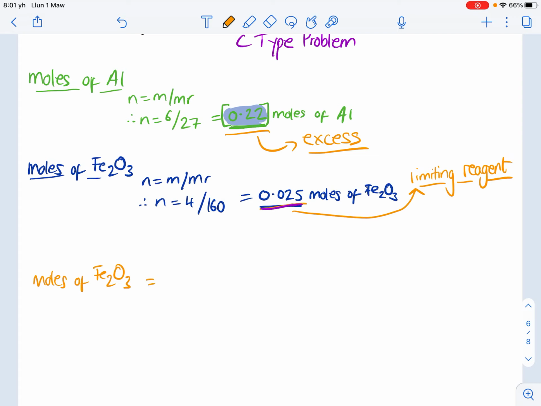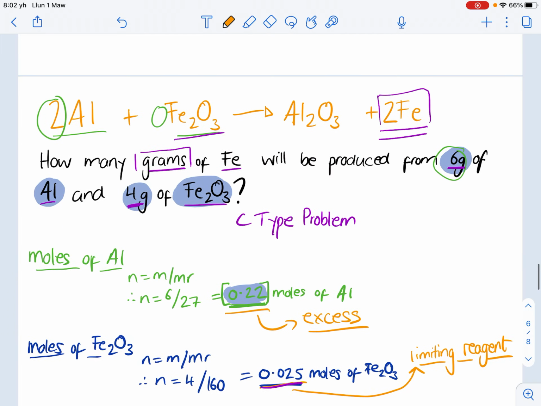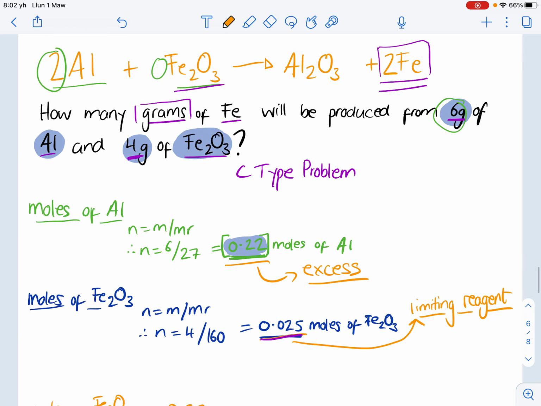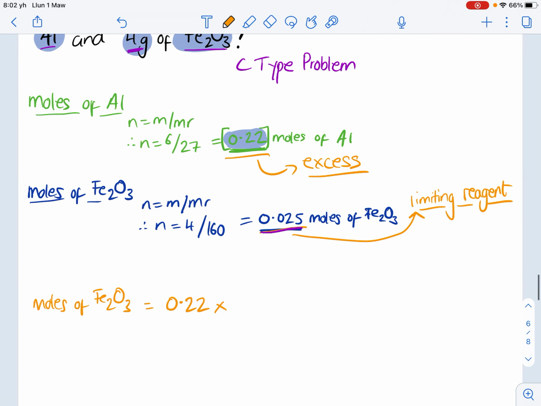So moles of iron oxide is equal to the moles of aluminium, 0.22, times the conversion factor here, which again, if you look at the molar ratio, is 2 to 1. I'm trying to work out iron oxide, so it's going to be 1 on the top, because that's the coefficient for iron oxide.